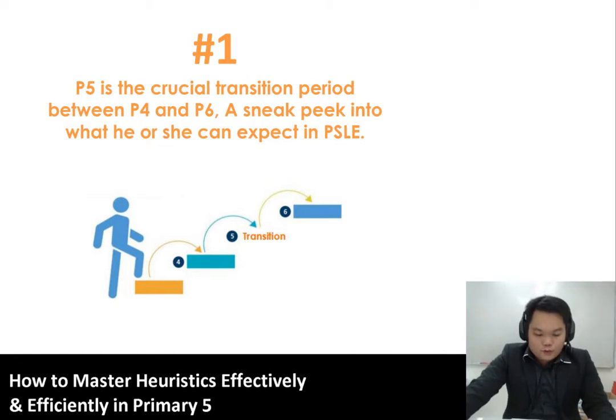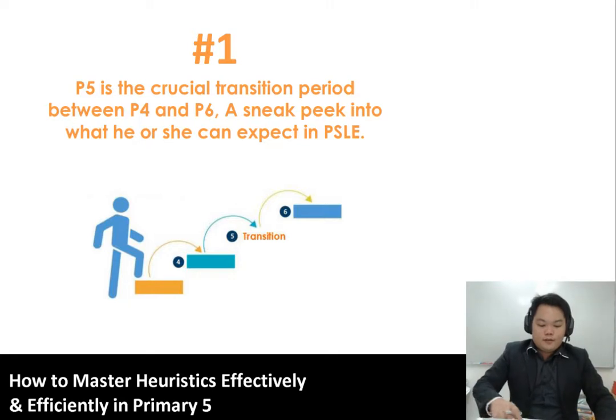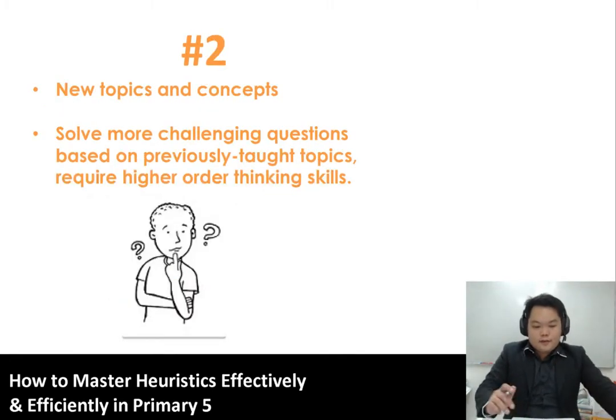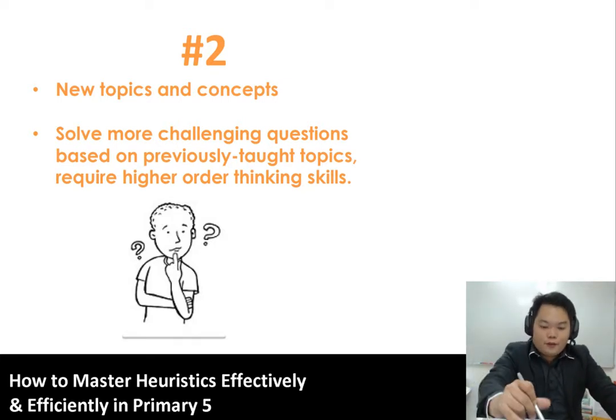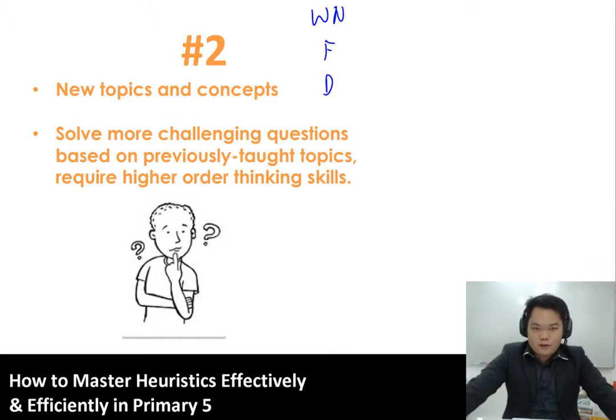P5 is the crucial transition period between P4 and P6. It is a sneak peek of what he can expect in the PSLE. So in P5, they will be trained in topics that will be further covered in P6. And with all these new topics and concepts, like in P4, what they covered is whole numbers, fractions, decimals, a bit of geometry, a bit on area and perimeter.